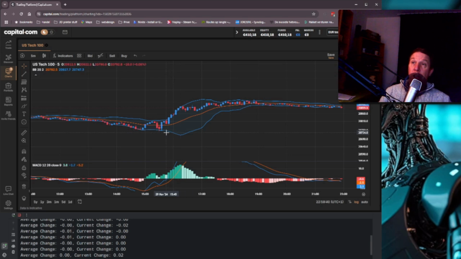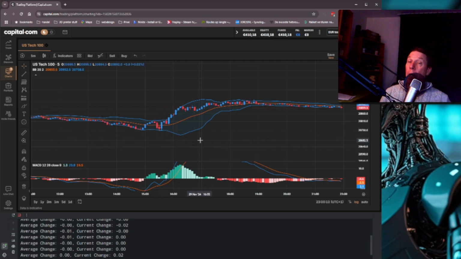That was the only position that was opened, I believe, at that point, because it ignores everything else. It just looks at the difference between one candle and the next candle. But then again, later from 5, you see that the market went back to sleep. And that's what you see in the numbers, the average change and the current change, all very low numbers.